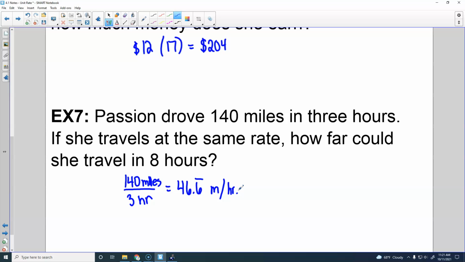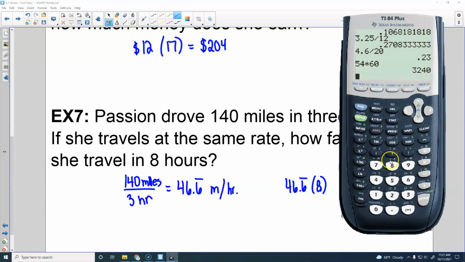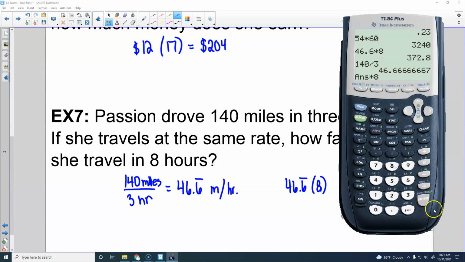We would multiply it by 8. So we take this number, 46.6 repeating, and multiply it by 8. Whenever you do this in your calculator, you will be wrong if you just do 46.6 times 8. That'll give me 372.8. That's going to be wrong. So you either need to do it this way. When you did 140 divided by 3, you got this number. You can take that number and just hit times 8.